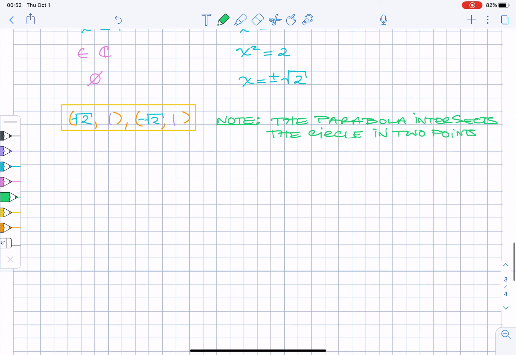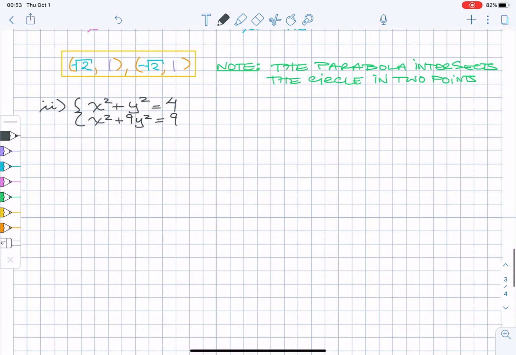Okay. Let's do another one. Number 2, let's say we have x squared plus y squared is equal to 4, and x squared plus 9y squared is equal to 9. So this is a circle and an ellipse. Okay.